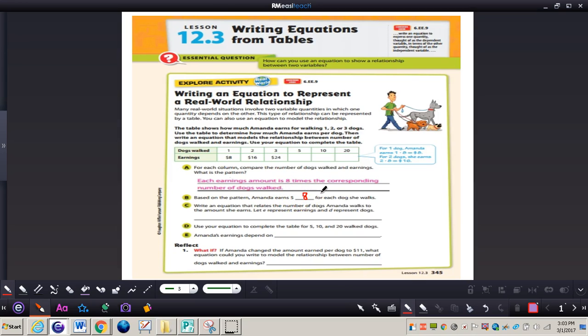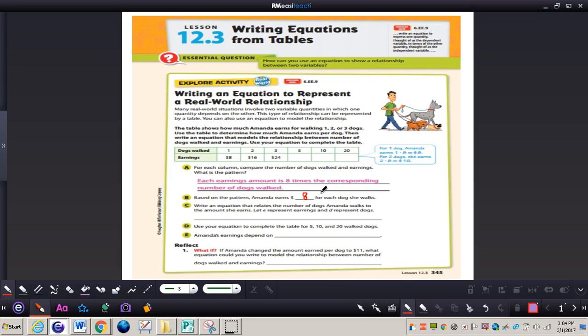Now we want to write an equation that relates the number of dogs Amanda walks to the amount she earns, and we're going to let E represent earnings and D represent dogs. So remember, an equation is a mathematical statement that two expressions are equal.